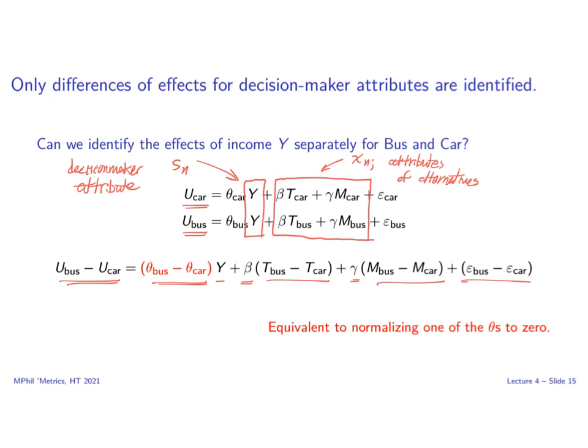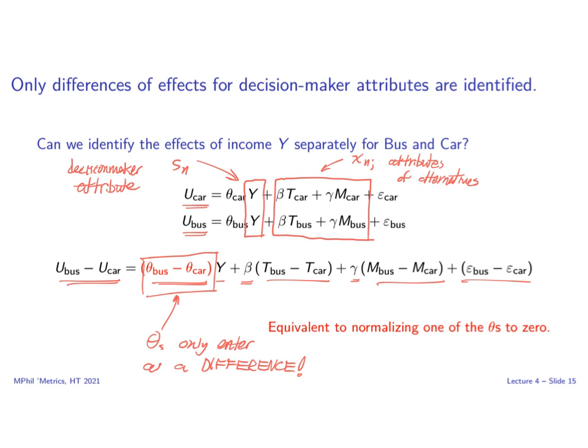As in the example on the previous slide with the two different intercepts alpha for each mode of transportation, the income effects, theta car and theta bus, only matter for Alice's choices through the difference, theta bus minus theta car. And for the same reason, only this difference is identified, not the individual parameters themselves.